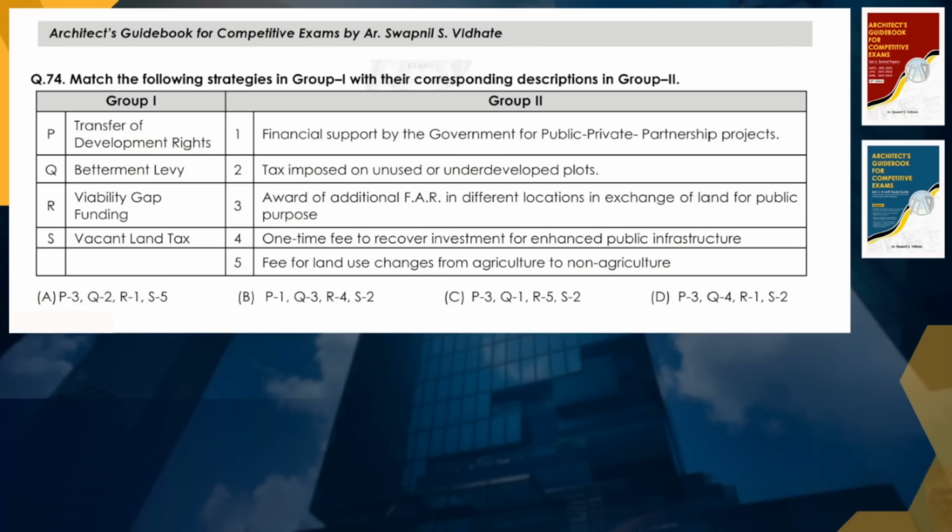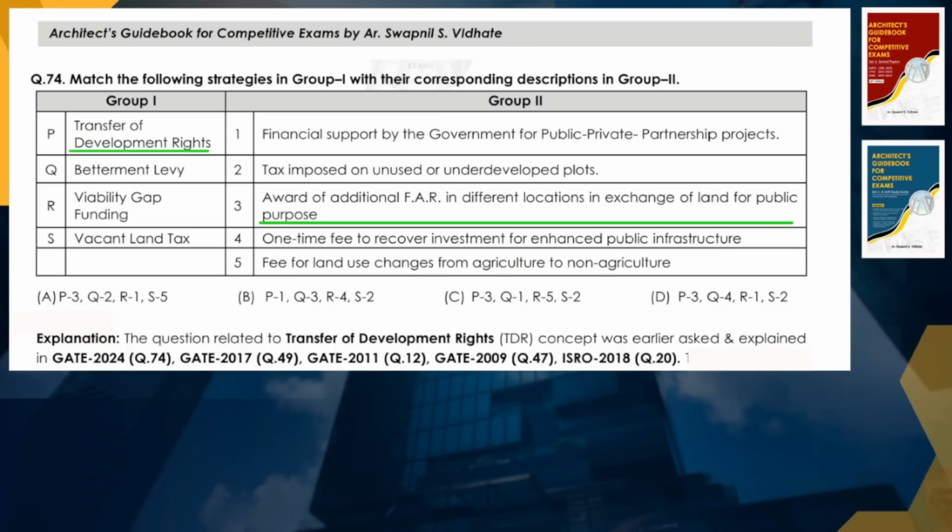In group 2, the descriptions have been provided. Now the first pair which we can match is transfer of development rights. The question related to this concept has been asked multiple times earlier, and it was also explained in GATE 2024 question 74, GATE 2017 question 49, GATE 2011 question 12, GATE 2009 question 47, and so on.